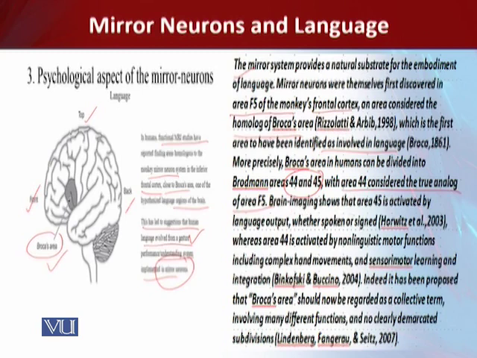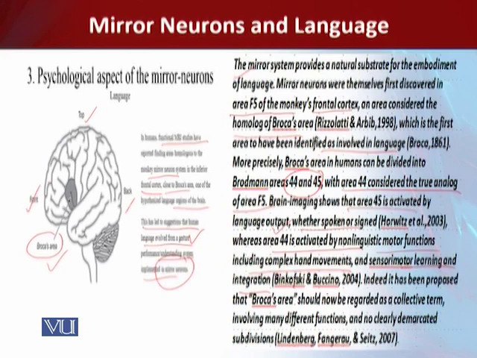Brain imaging shows that area 45 is activated by language output, whether spoken or signed, whereas area 44 is activated by non-linguistic motor functions including complex hand movements and sensory motor learning and integration.